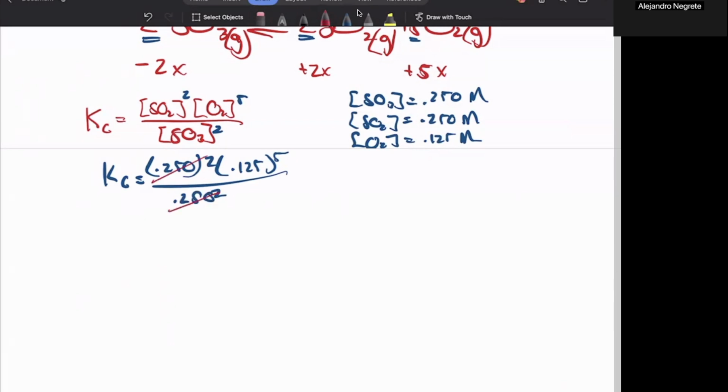And then our answer is 0.125 to the fifth, which equals K sub C of 3.1 times 10 to the minus 5.